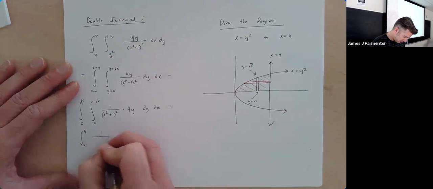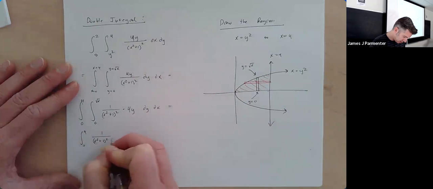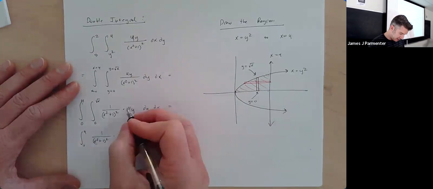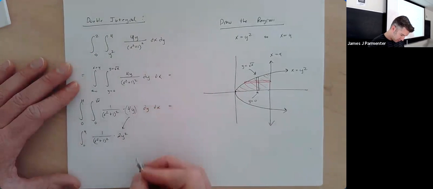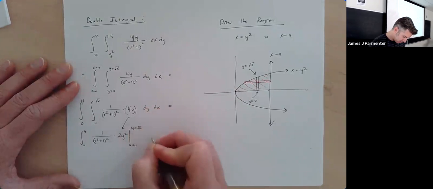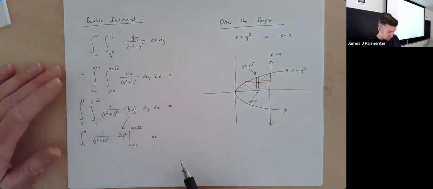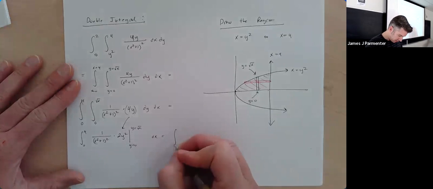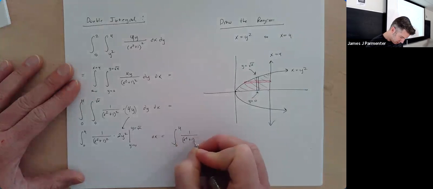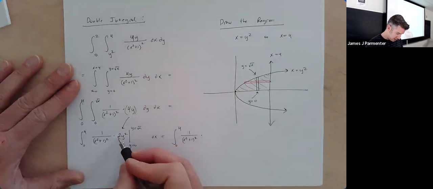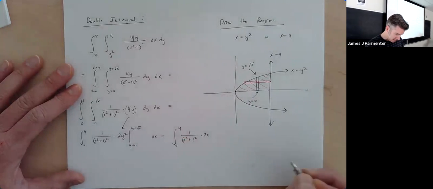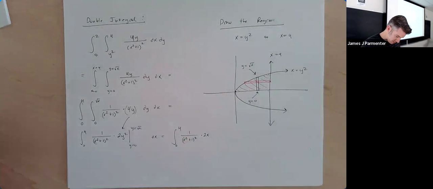So I'm going to get 1 over x squared plus 1 squared times 2y squared, from y equals 0 to y equals root x. So then I plug in root x for y, and I get the integral from 0 to 4 of 1 over x squared plus 1 squared times 2 times the square root of x squared, which is just x. Minus, if I plug in 0, I get 0, so I'm not going to write that down.